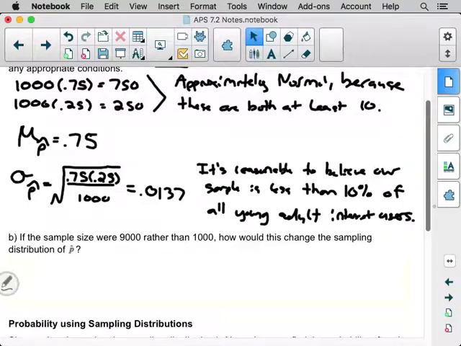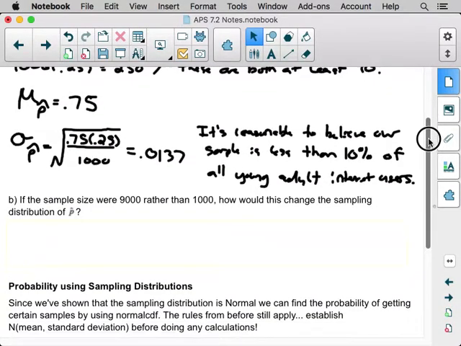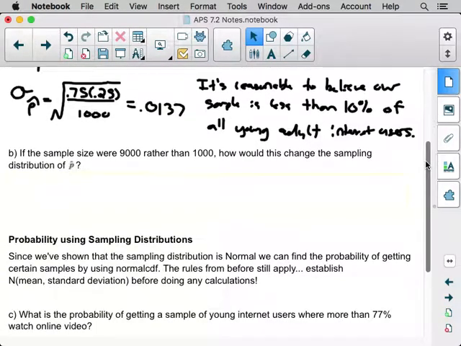Now, let's think about how this formula works, okay? So this was a sample of 1,000, right? And they want to know, well, what if we used 9,000 instead of 1,000? So inherently, don't we recognize that that's going to decrease the variability, right? Like by a lot, okay? Now, look though, the sample size is inside of a square root.